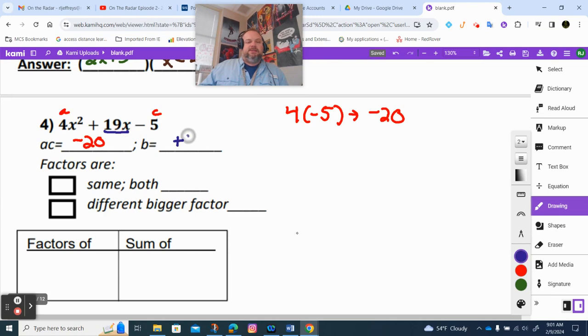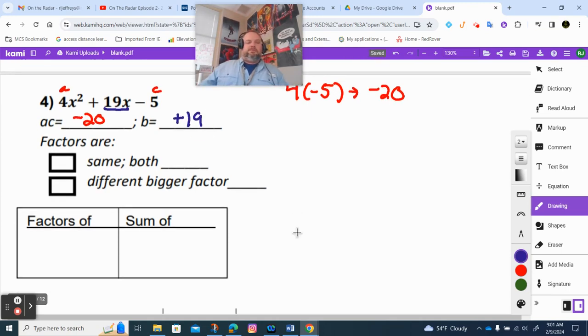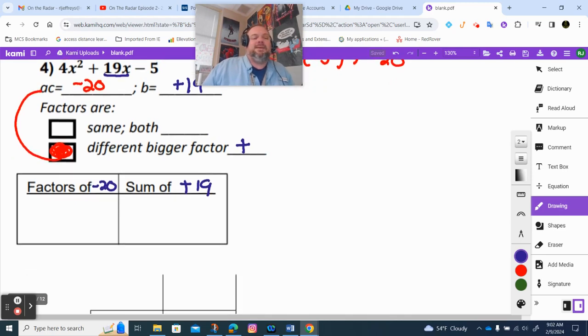This is positive 19. All right. Because this is negative, our factors are different, and our bigger factor is positive. So what's some numbers that will go in the 20? 1 and 20.